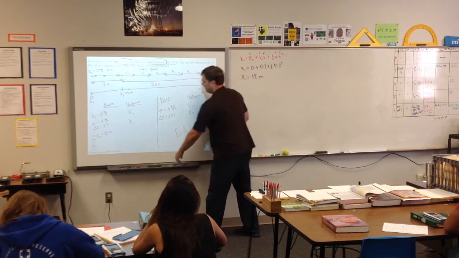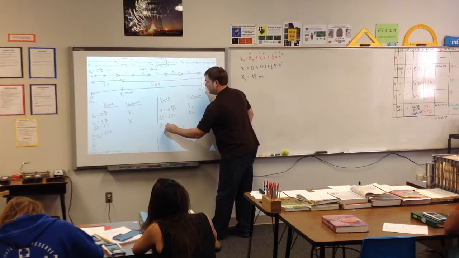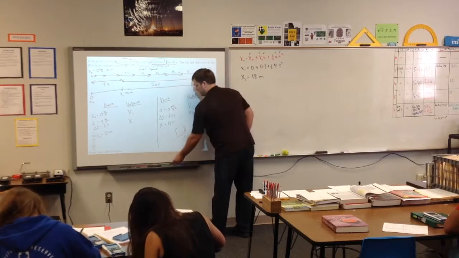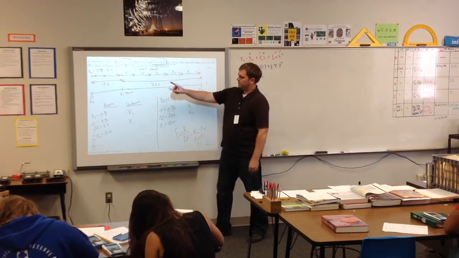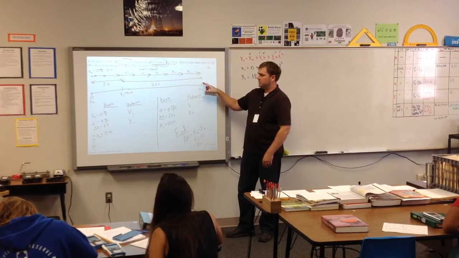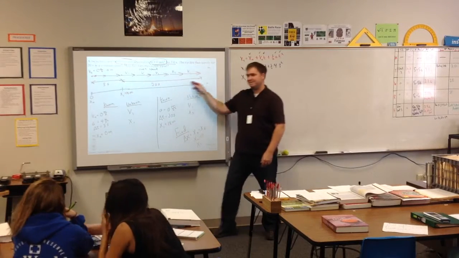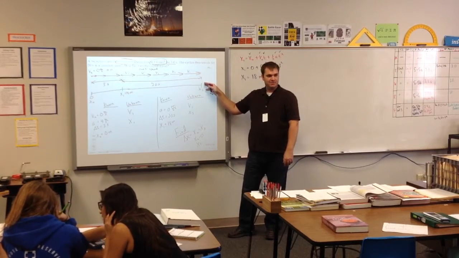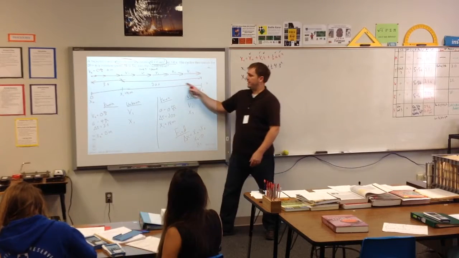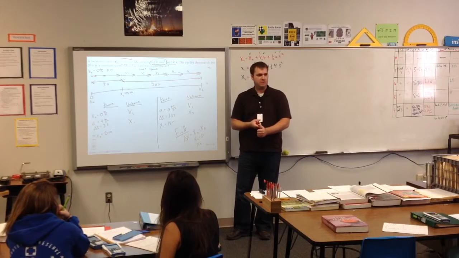Does that help us? Well, I can add that now to this column over here. X1 is 18 meters. So I know he starts here and he travels for 20 seconds. The problem is, if I'm trying to figure out that distance, all I have is the time. I need to figure out his velocity.